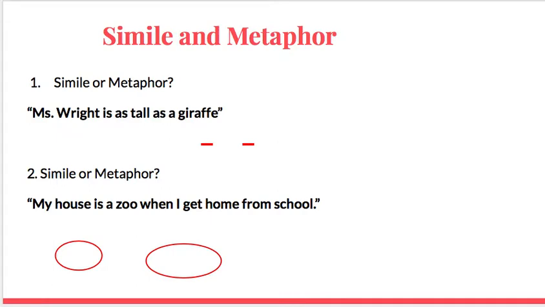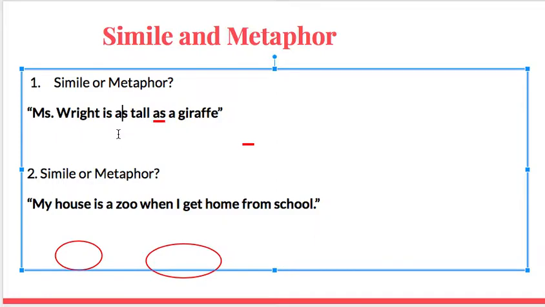So just in case this is a little confusing, I have some more examples here and we'll go through them together. You do not need a paper or pencil, but if you want to write these, you can. So, here says, Miss Wright is as tall as a giraffe. So, as you can see, it's comparing two things by using the word as.